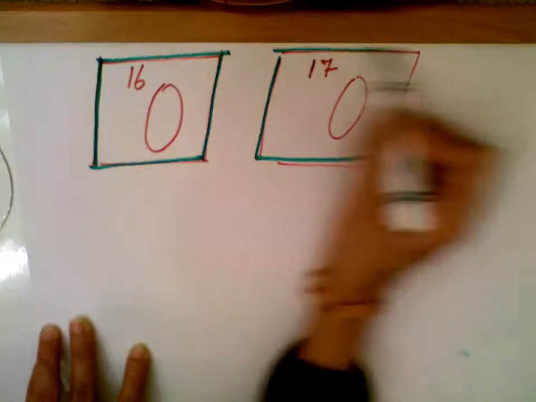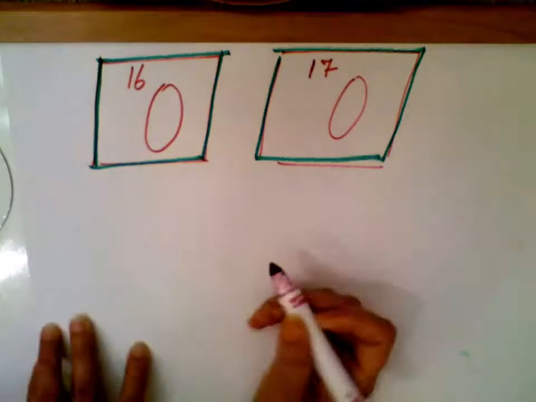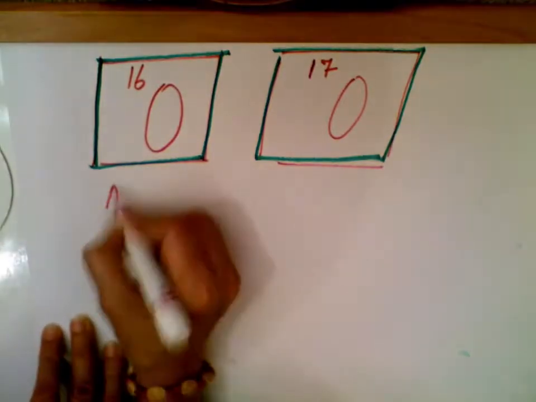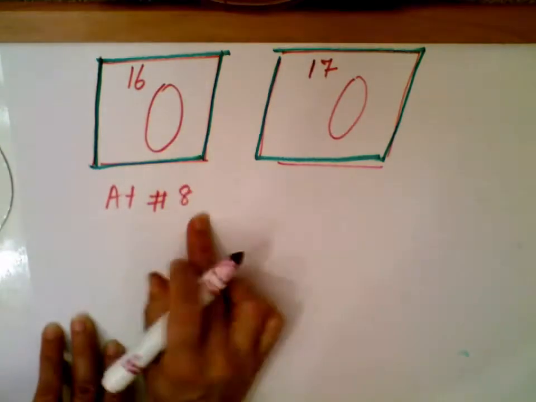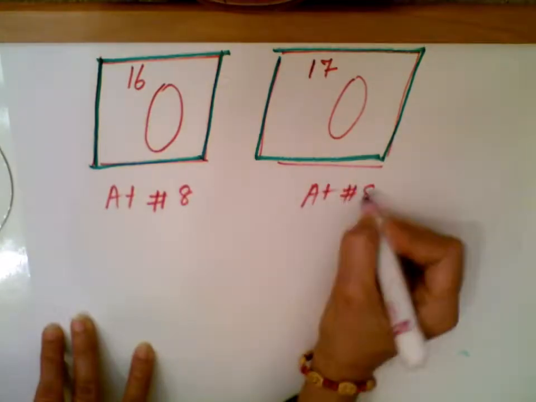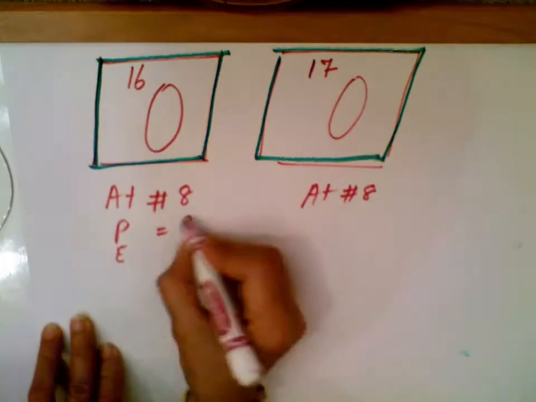Because the atomic number is not given. Unless you know it, then it is okay. If you don't know it, you need the periodic table. So for this one, the atomic number is 8. How did I figure this out? I looked at the periodic table. Same atomic number 8, and protons and electrons will be the same.